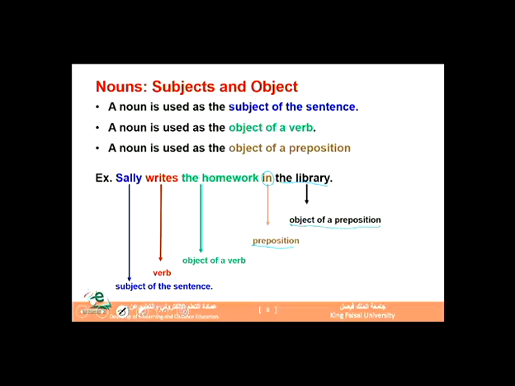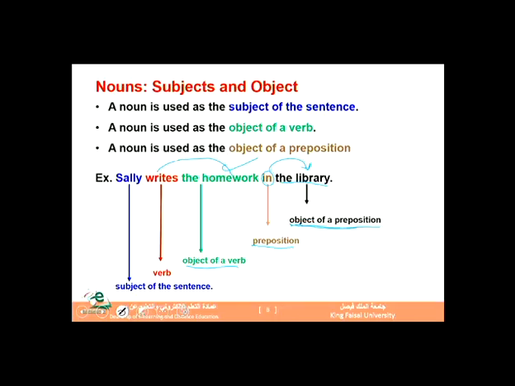So we can have an object of the verb, which is the noun phrase, the homework. We can also have another kind of object, which is the object of preposition, which is the noun that comes after the preposition. So we have a verb. After the verb, we have an object. This is the object of the verb.